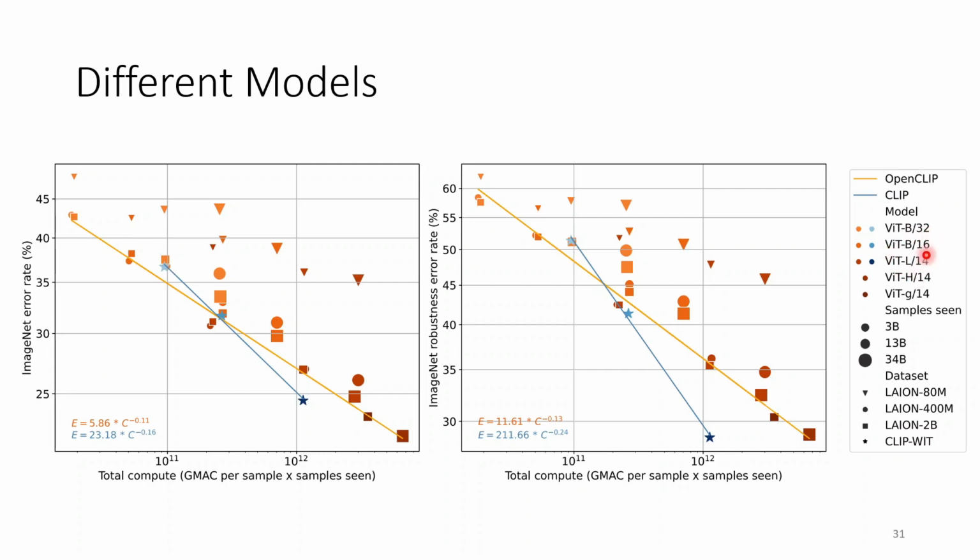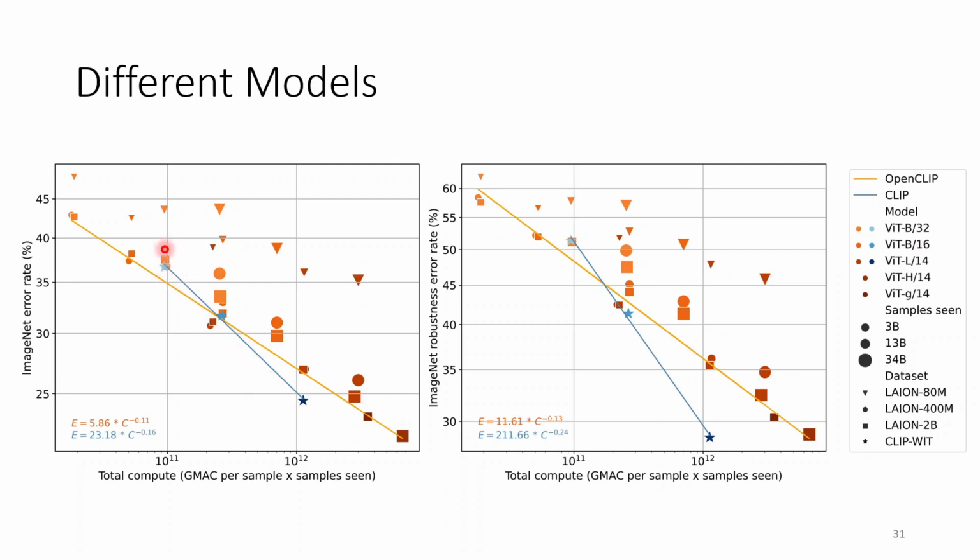The larger the patch size, the shorter the sequence of the vectors. So the model size also becomes smaller. Okay. And so here you can see the line.